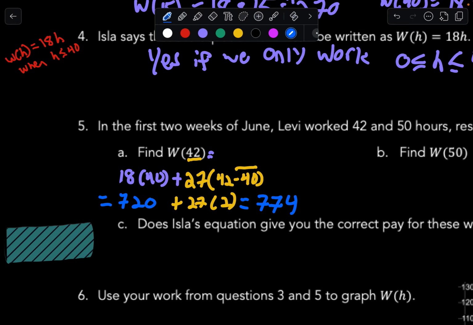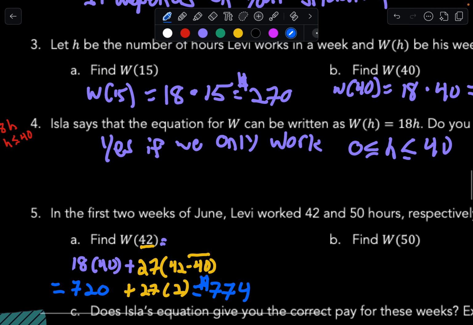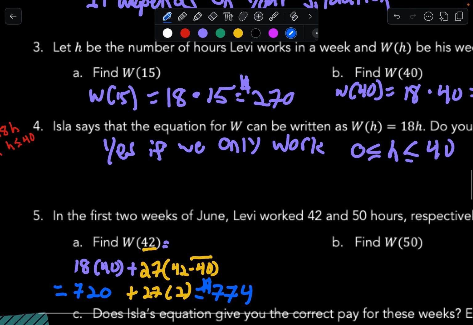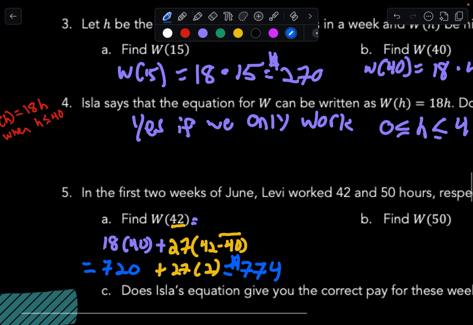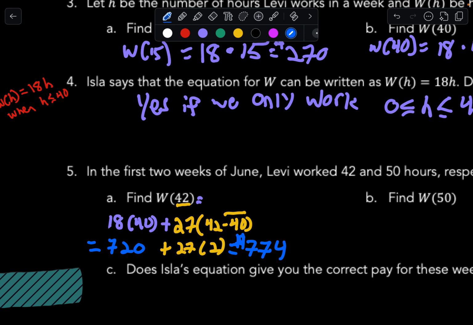So he got paid $54 for the 2 hours of extra, time and a half. Whereas if you had worked only within the 40 hours, those 2 hours would have been $36 because 18 times 2. So you see you get paid a little bit extra.